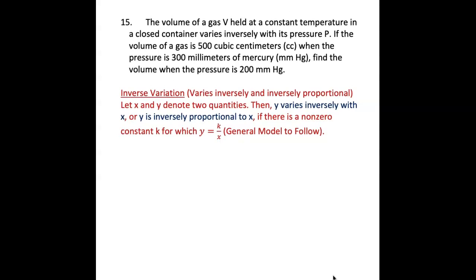The volume of a gas V, held at a constant temperature in a closed container, varies. Ooh, we're talking about variation again. Let's underline that. Varies inversely with its pressure P. If the volume of a gas is 500 cubic centimeters when the pressure is 300 millimeters of mercury, find the volume when the pressure is this.